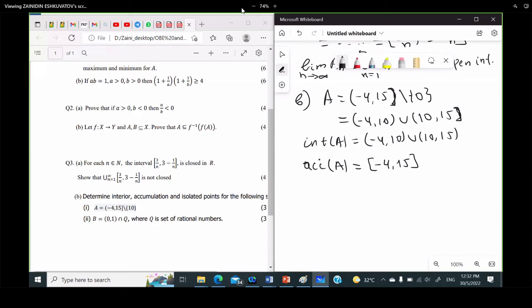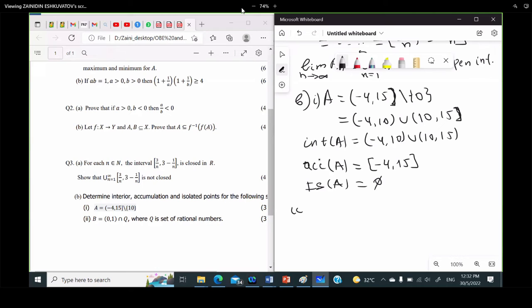This is what we call all the accumulation points of A, minus 4 to 15. Third one is what? Isolated points. Isolated points of A is the empty set because there are no such points. Okay, so this is A.